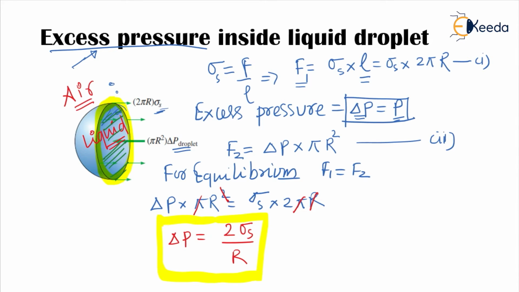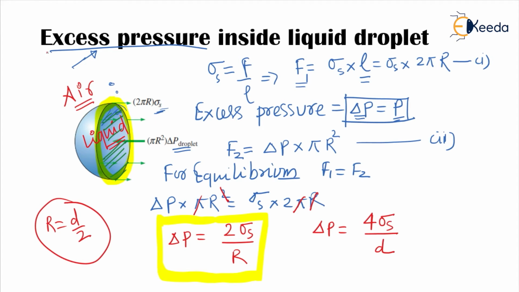Now this excess pressure can also be written with R as diameter by 2. So R can be written as d by 2, and in that case it will be 4 sigma s upon d. Delta P is equal to 4 sigma s upon d. Both are important. Keep them in mind.